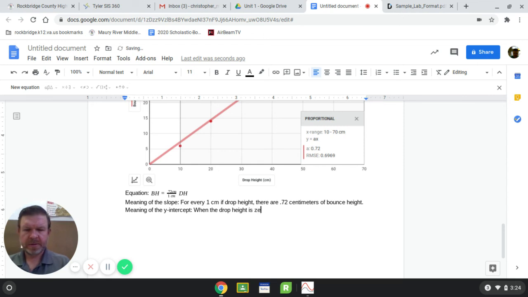It means when the drop height is 0, the bounce height is 0. And then you could add a comment here, which means in more plain language, you could say, if you don't drop the ball, it doesn't bounce.